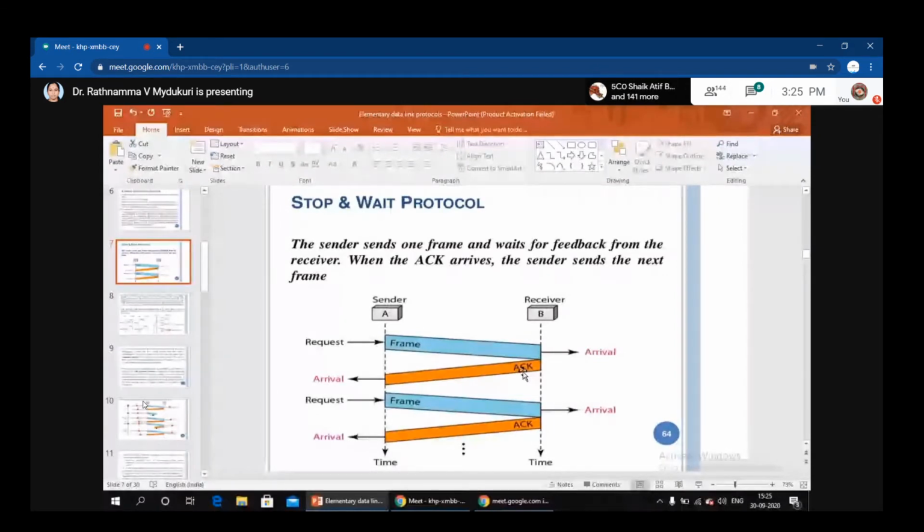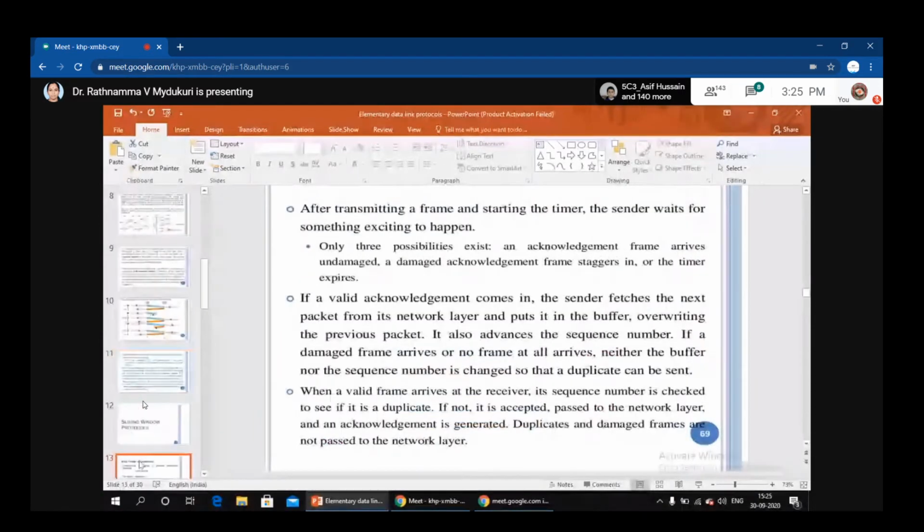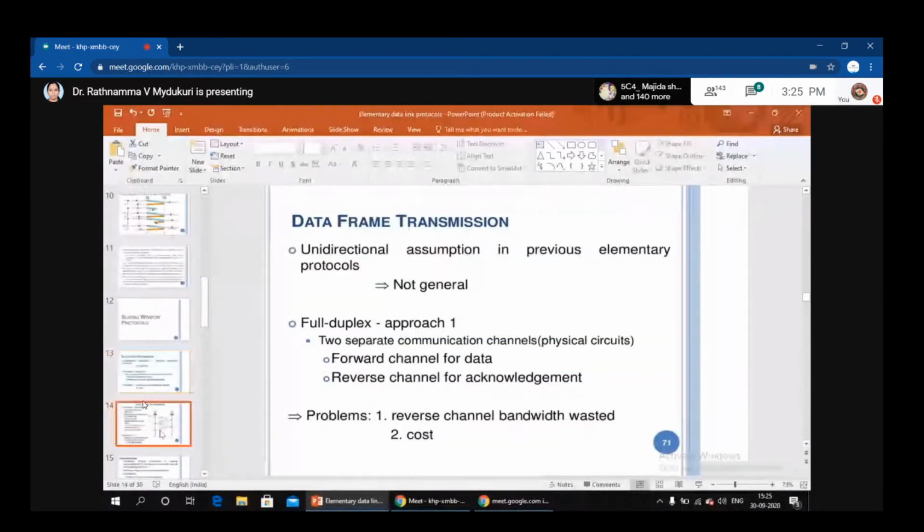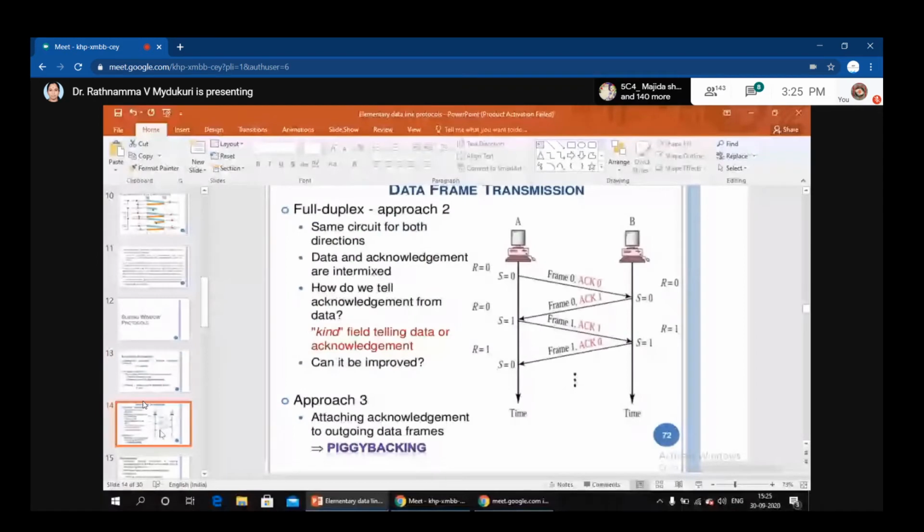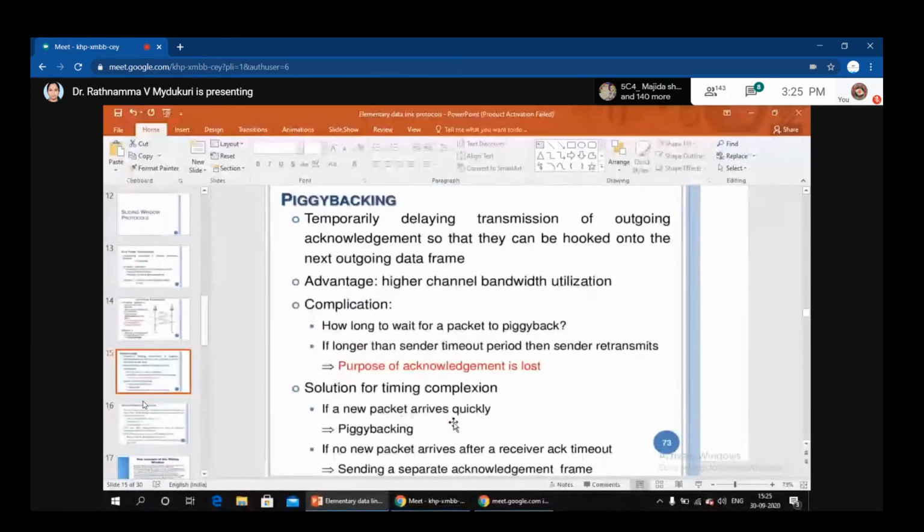So with this, we get two complications. How much time does the sender have to wait for the reply so that he will send the next frame, right? So for that, we had a solution: if a new packet arrives quickly, then piggyback.